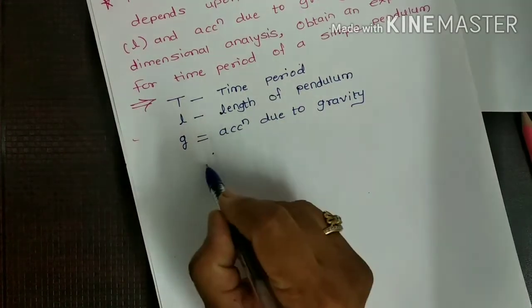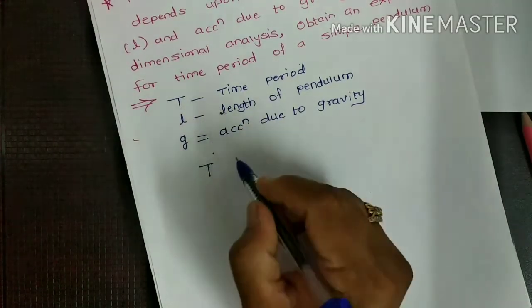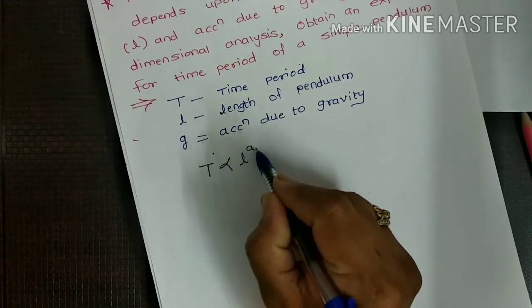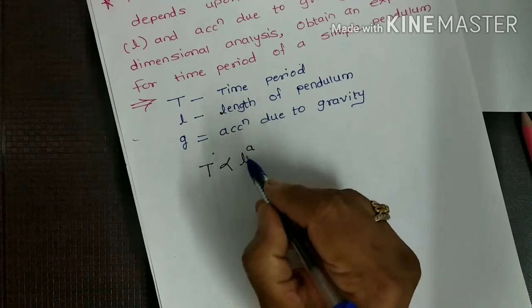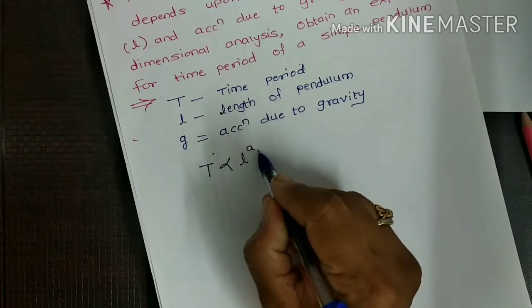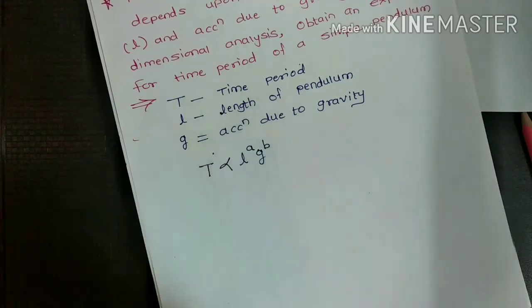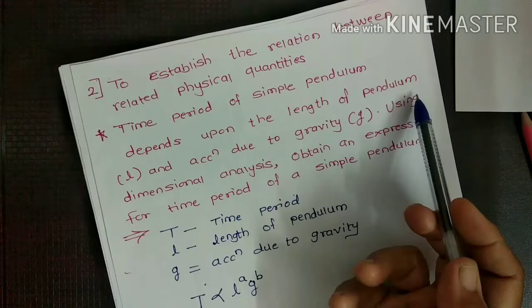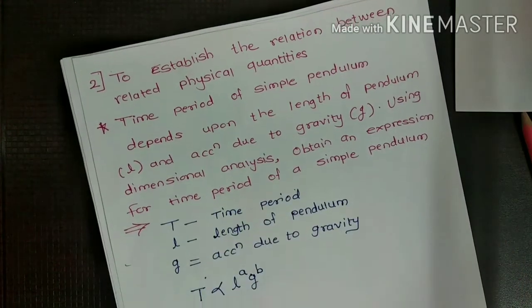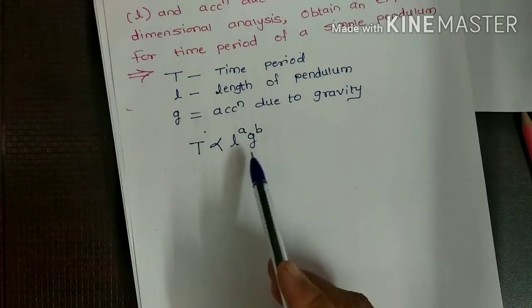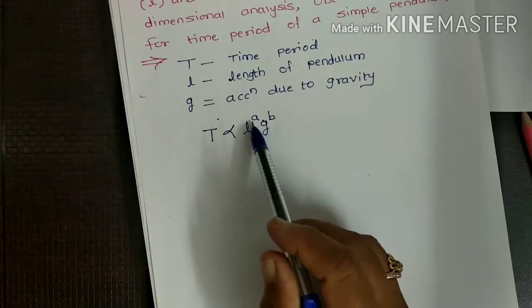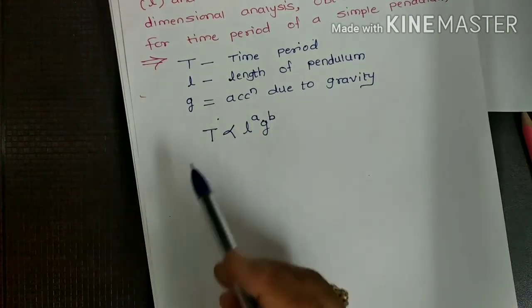And we can say that T is directly proportional to L raised to the power, suppose we have considered the power is A, and G raised to the power B. It is given in the question that the time period of a simple pendulum depends upon the length and acceleration due to gravity. That's why we take the equation T is directly proportional to L and G with powers A and B.